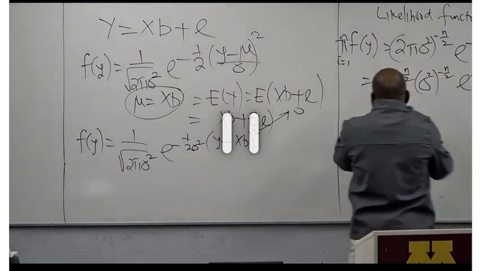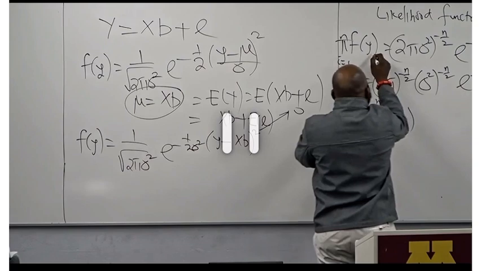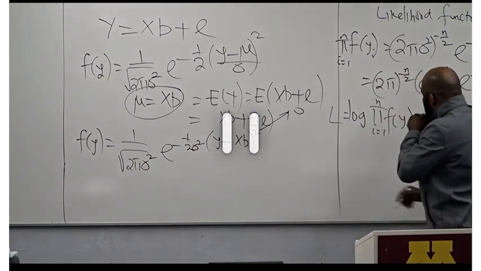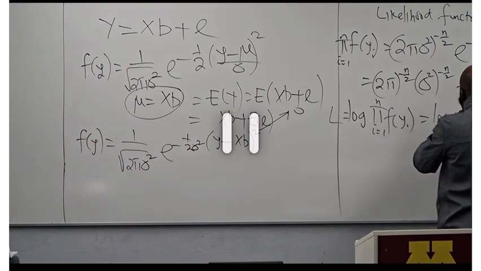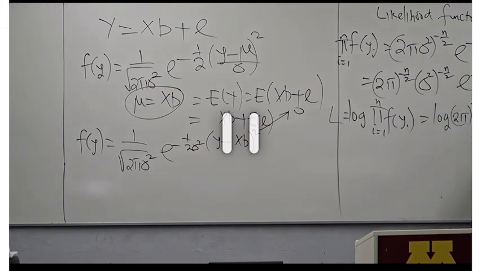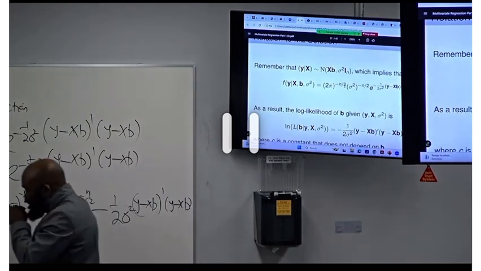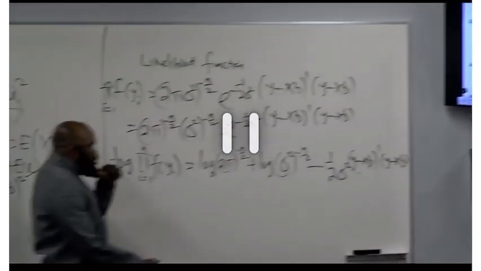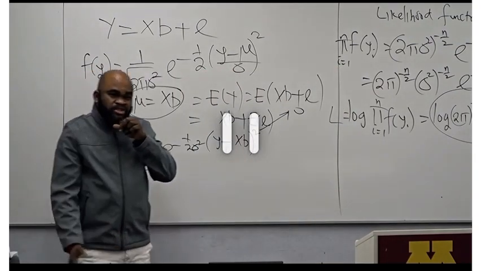Introducing the log of f of yi, I'm actually going to have log 2 pi plus log sigma squared. The log is a natural log. All of this, because it's independent of b, I'm going to call constants, c.